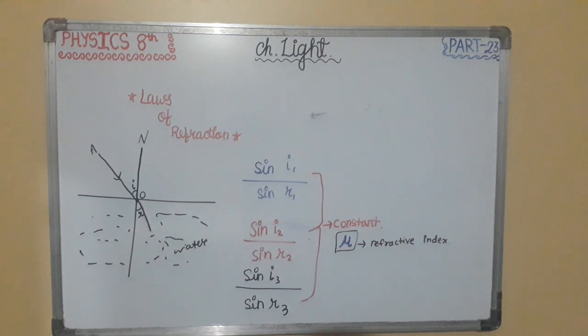I hope you have understood this part 23. In part 24 we will learn determination of refractive index. Then we will learn a detailed account of angle of incidence, angle of refraction, sine I, sine R and sine I upon sine R. Then we will learn refractive indices of some substances.